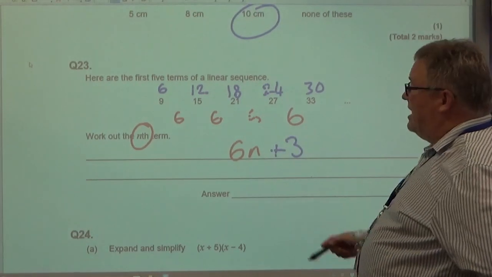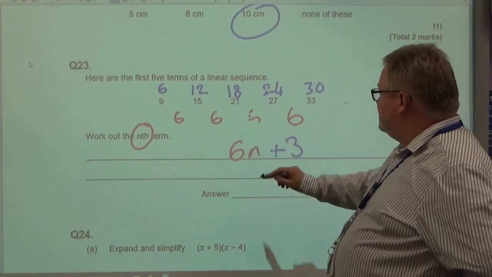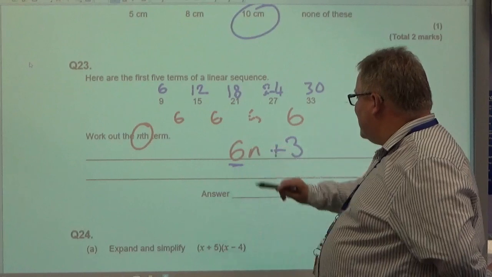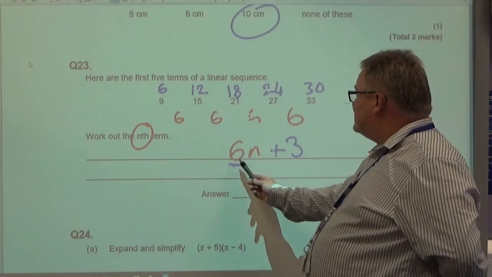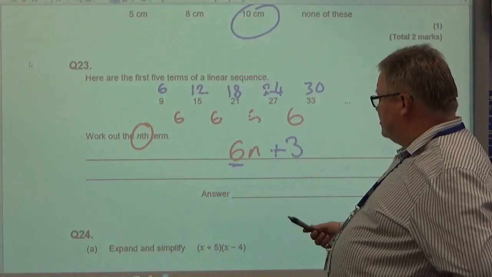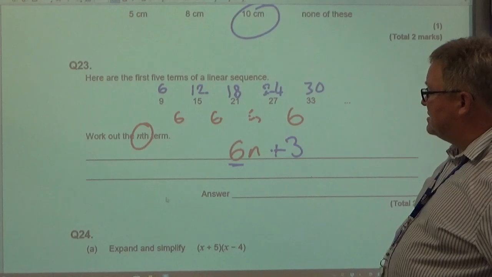If you get a nice linear sequence like that, just find the difference, and that's the number that you multiply n by, and then see how close it is to that times table and either add or take away.